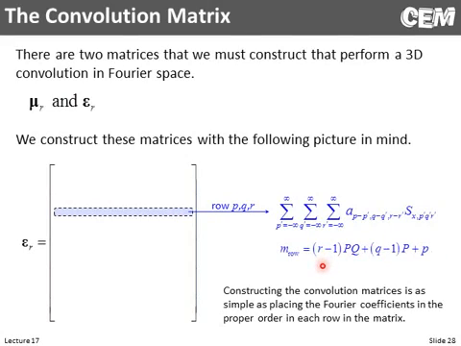We're going to raster first along P, then Q, then R. So we have an R minus 1 times P and Q, plus Q minus 1 times capital P, and then lowercase p. Given some combination of PQR, that tells us which row we're in. So what to take away from this slide is that we're filling in this convolution matrix one row at a time, and we look at that triple summation to learn how to fill in that row.